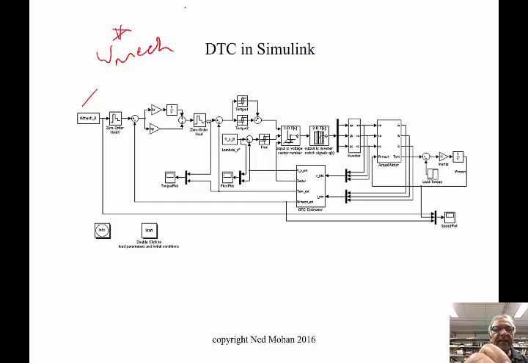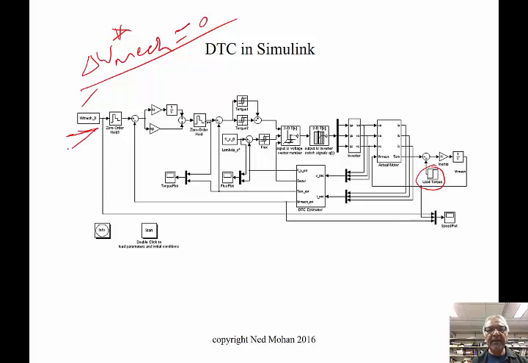So if that is the case, this change here is equal to 0. You don't want to make any change here. And there is a step change in load torque here. So we have done this in other chapters as well. Well, there is a change in load torque as a step, but we want to keep the mechanical speed constant. That means this change is 0, or you have this reference mechanical speed here.